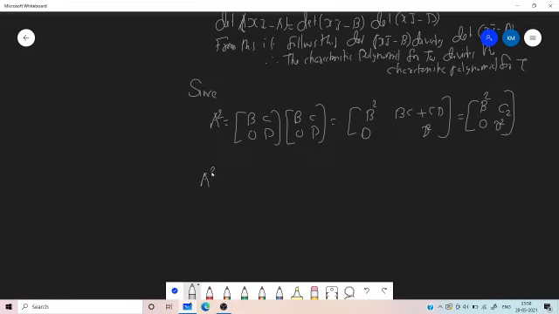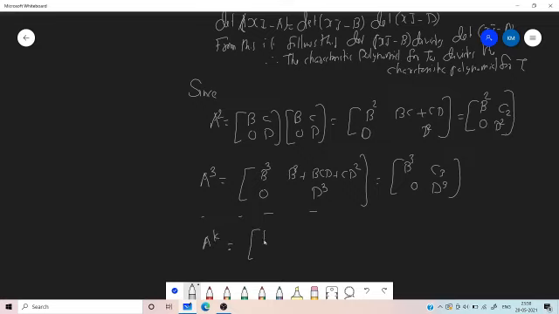Now A cube is equal to B cube, B square plus BCD plus CD square, 0 D cube, which can be written as B cube C3 0 D cube. Proceeding like this, we can see that A raised to k equal to B raised to k, Ck, zero, D raised to k.